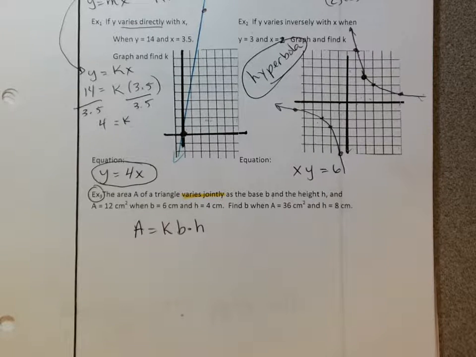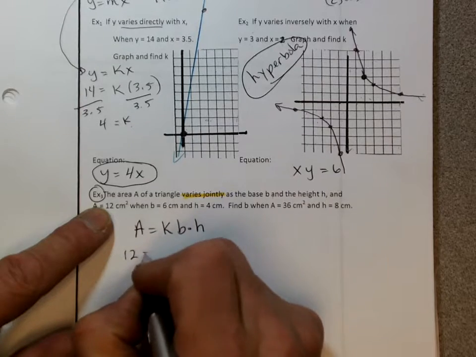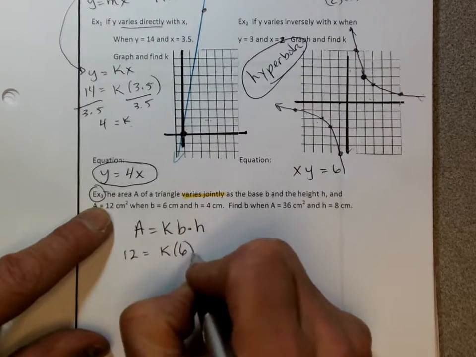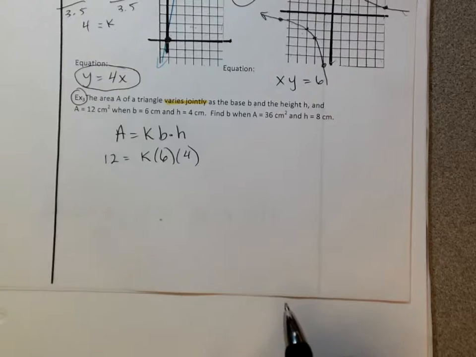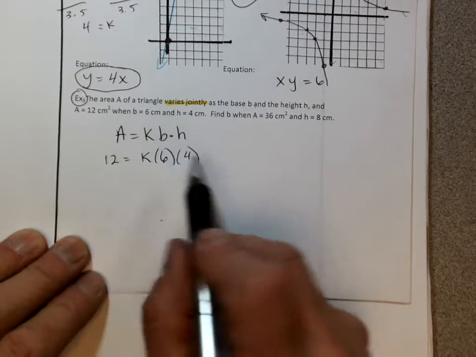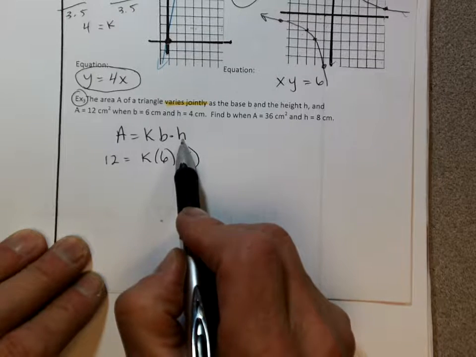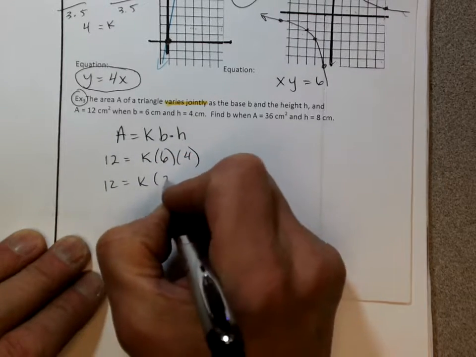I already know the answer. Let's prove it, okay? So let's put in the 12 for area, the 6 for the b, and the 4 for the h. Now we know the answer is 1/2, agree? But let's just show it. So I'm going to have 12 is equal to k times 24.